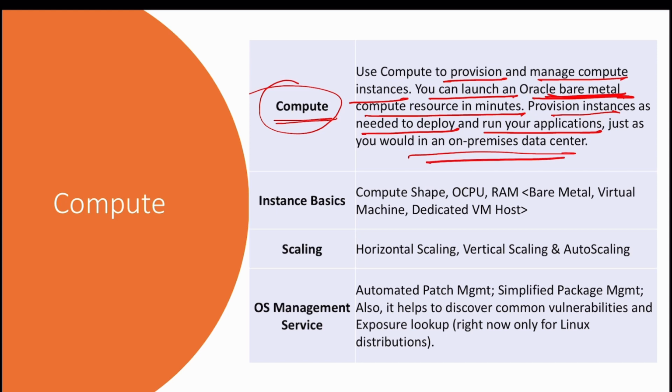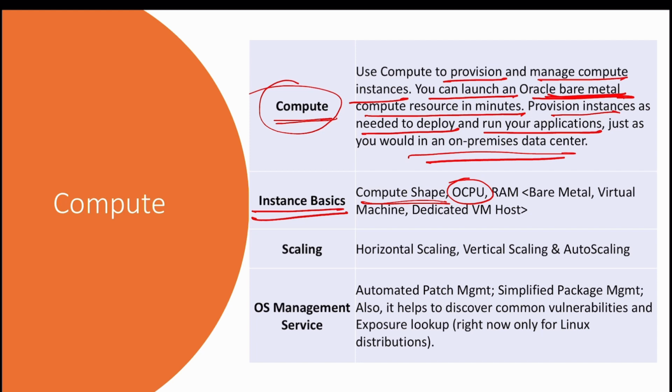Let's understand what instance basics are. For any kind of host or resource where we want to run our application, there is some configuration. For a VM, we'll talk about the size: how many CPU and RAM it will have. But in Oracle Cloud, we will understand CPU in terms of OCPU and RAM. So these are the compute shapes that we have.